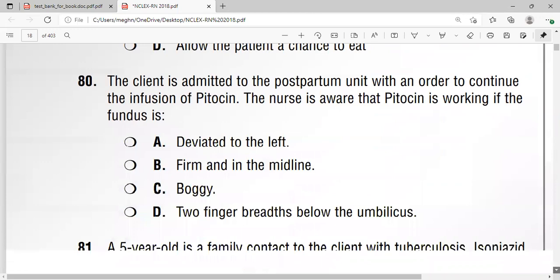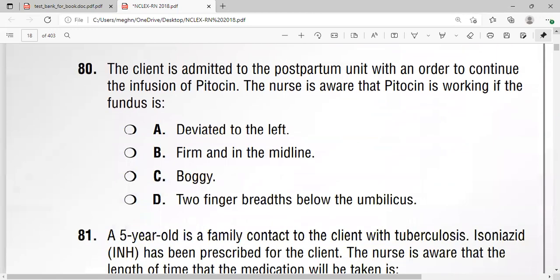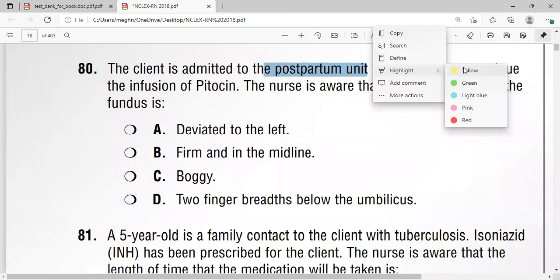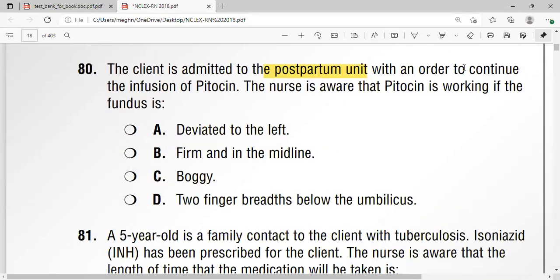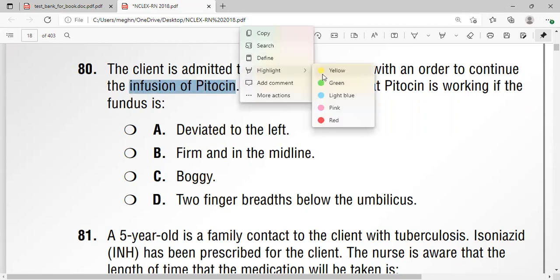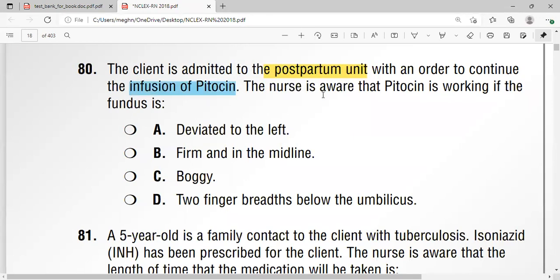What next? The client is admitted to the postpartum unit, which means after delivery of the baby and placenta, the postpartum period, recovery phase, with an order to continue infusion of Pitocin.